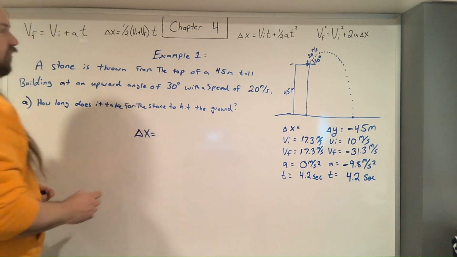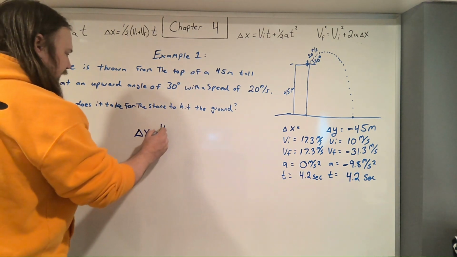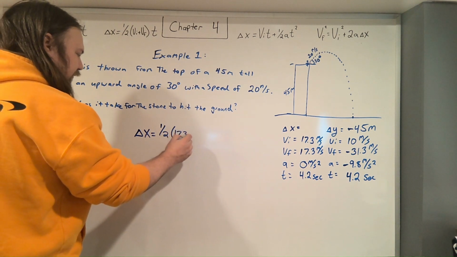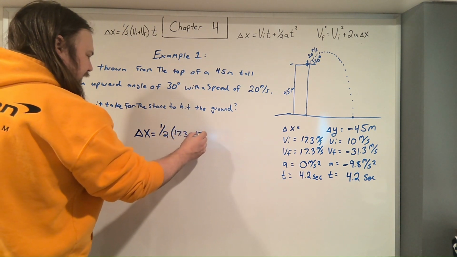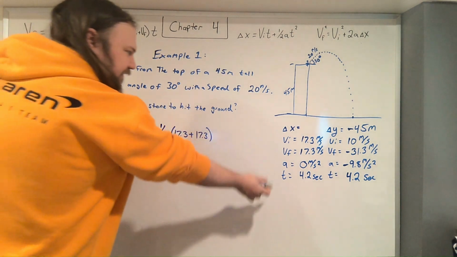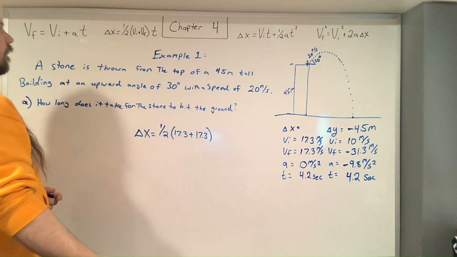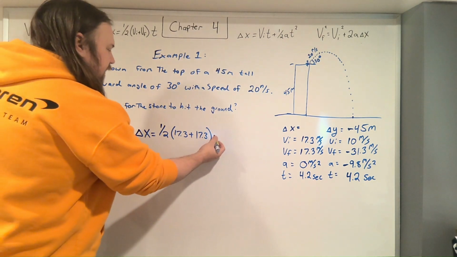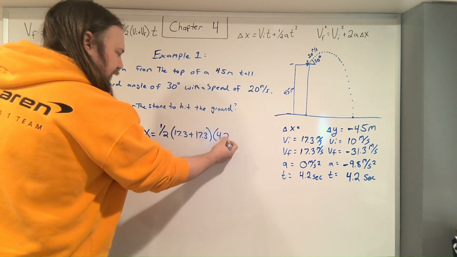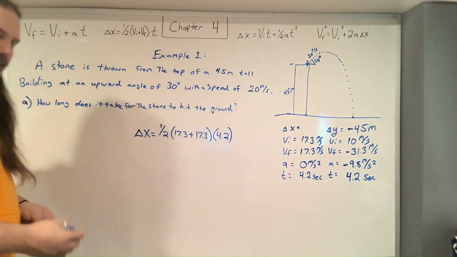I'm going to use equation 2, and that's going to be equal to 1/2 of the initial velocity, 17.3, plus the final velocity, 17.3. Notice I'm looking at x, so I'm grabbing values from the x column, and I need the t from the x column. It's the same in the y, 4.2 seconds.